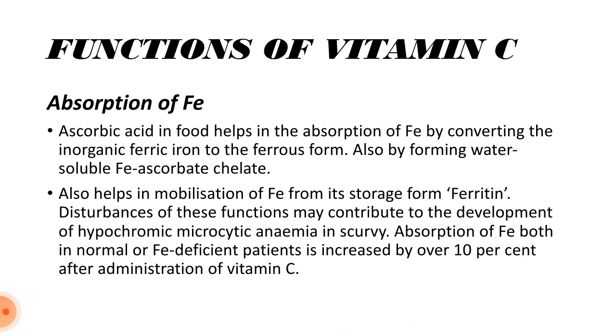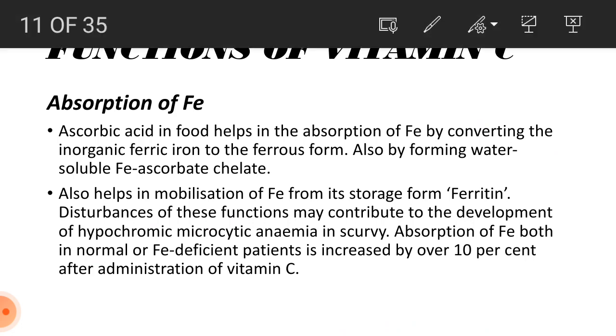Absorption of iron is the major role played by vitamin C. Ascorbic acid in food helps in the absorption of iron by converting inorganic ferric ion to the ferrous form. Also by forming water soluble ferrous ascorbate, an iron ascorbate chelate. This is the important water soluble compound which is formed.